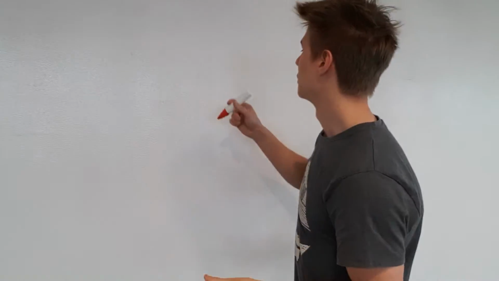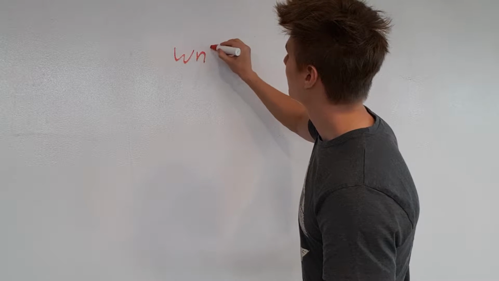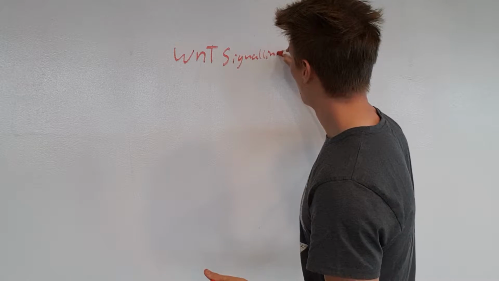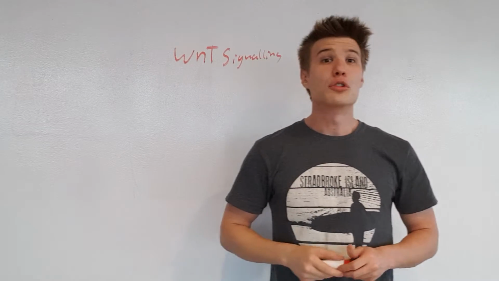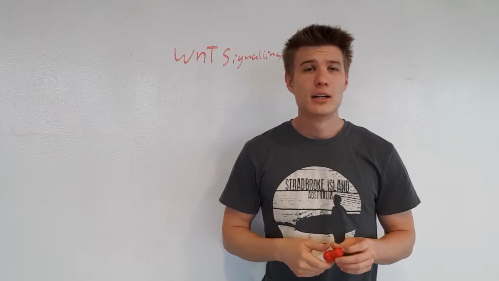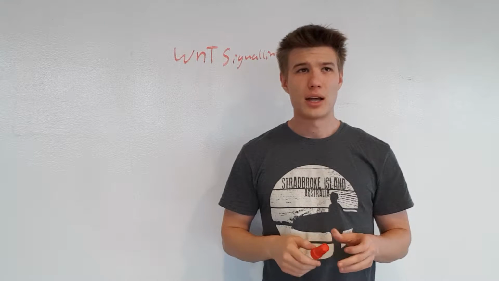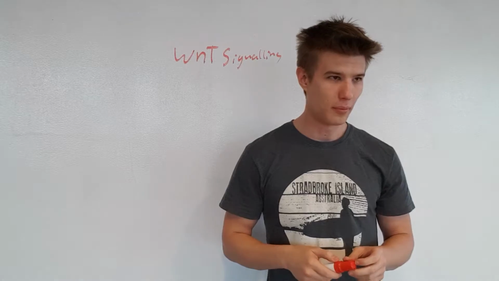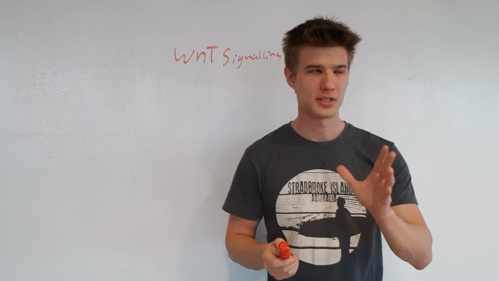Something that I didn't mention in the previous video is you don't want to keep feeding them transcription factors, because if you keep feeding them with something that stimulates Wnt signaling, what you'll get is an overexpression, and you won't get any induced pluripotent stem cells at all, or cardiomyocytes at all. So that's the next step.